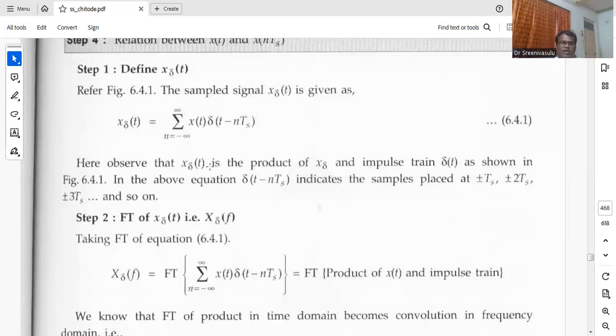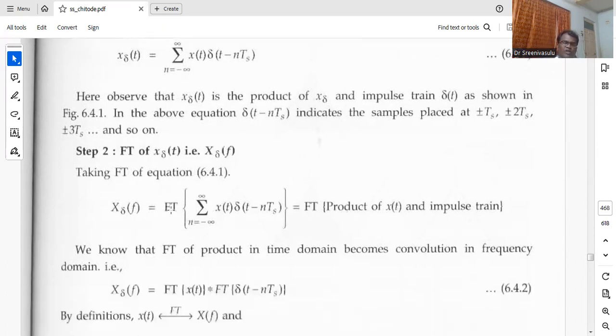According to Fourier transform properties, multiplication of two signals in the time domain becomes convolution in the frequency domain. So according to that property, I am applying the Fourier transform here. The Fourier transform of x delta of t is x delta of f.